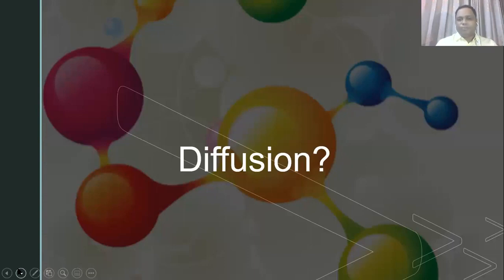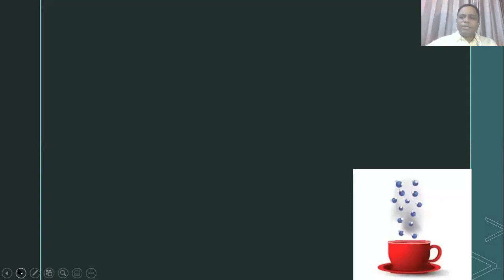What is diffusion? Diffusion explains the spontaneous migration of molecules from a region of higher concentration into a region of lower concentration. So let me write the statement here.